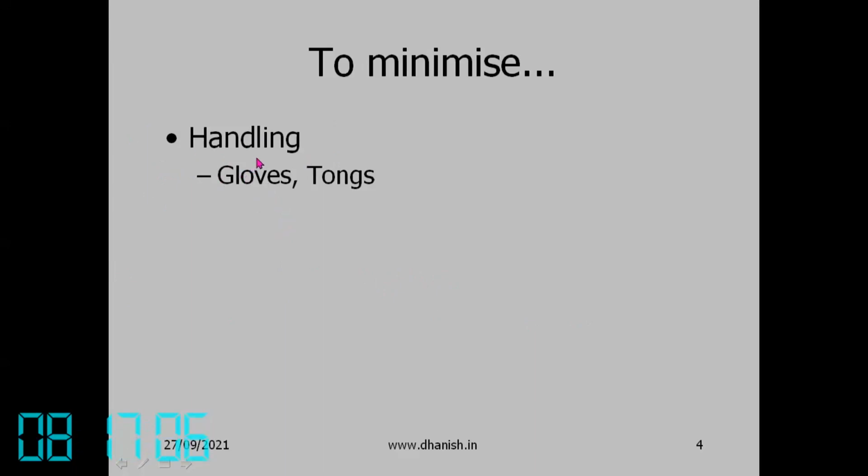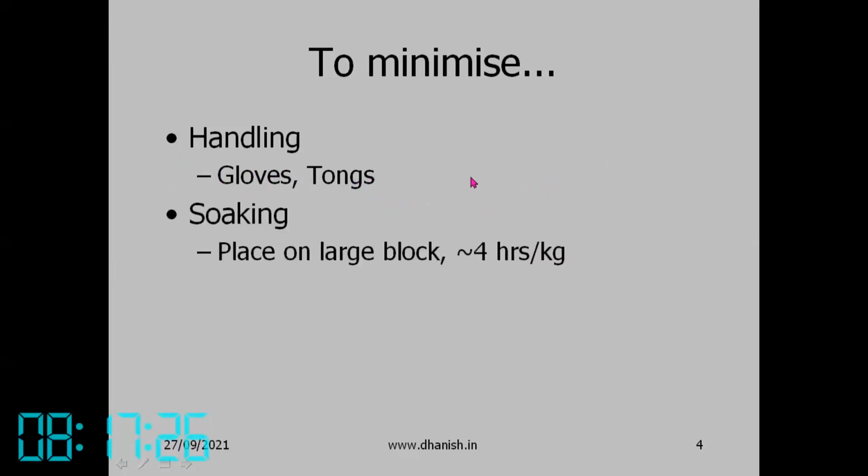So to minimize this heat transfer, we should use gloves. Workpieces you can hold with tongs and all, so that the workpiece does not get heated, etc. So this is one technique to minimize errors due to temperature change. Then soaking.